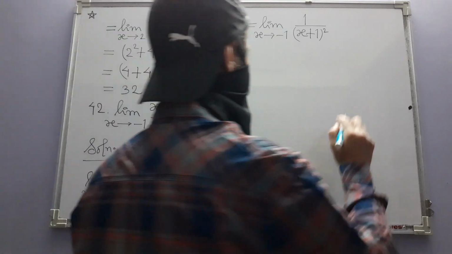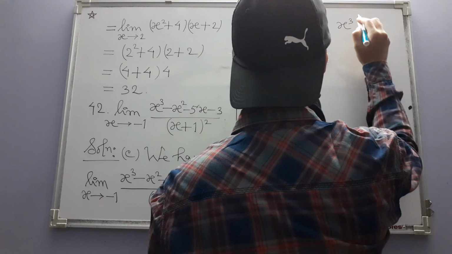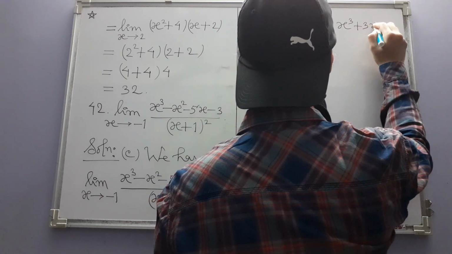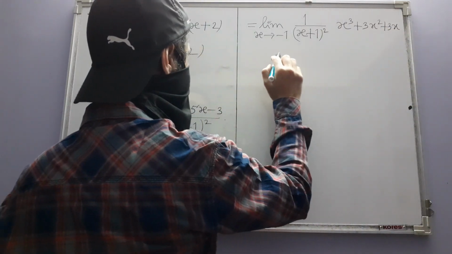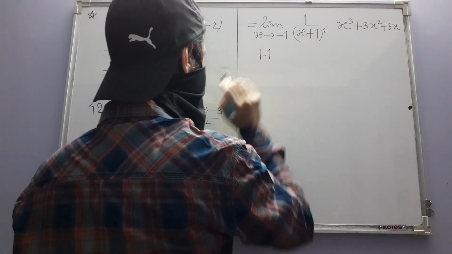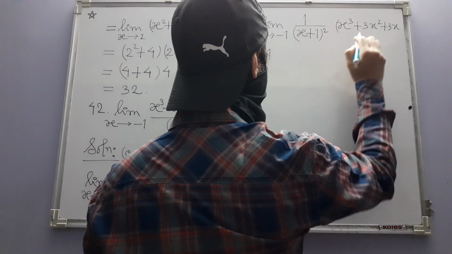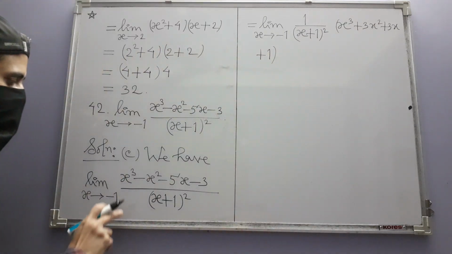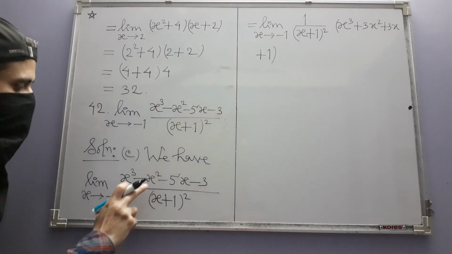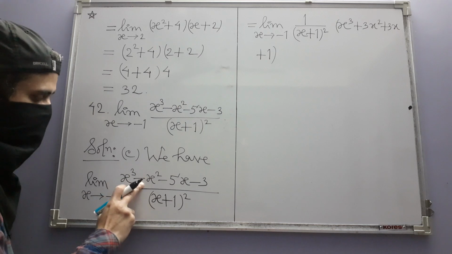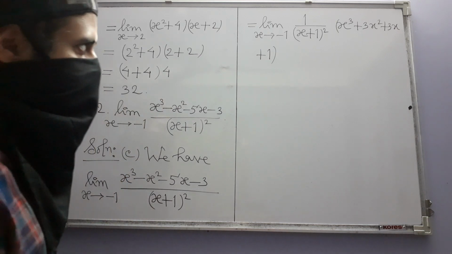Let's see what happens. For x plus 1 whole cube, we need x cube plus 3x square plus 3x plus 1. This is what we need. Now we already have x cube, but we originally have minus x square, and here I have written 3x square.